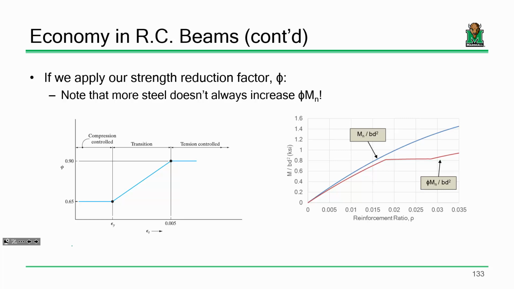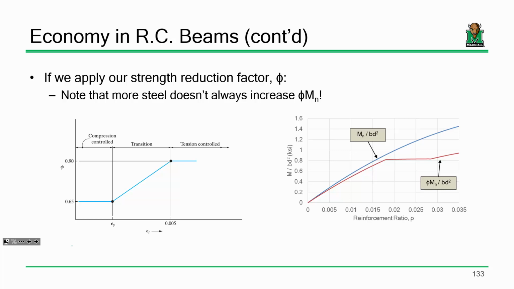So one of the points I want to make is it's not always as simple as, well, I'll just throw more steel into it and that'll make it stronger. Yeah, you might make it stronger from a nominal standpoint. You're not making it safer. That's a different question, and that's what phi tries to answer. Does that make sense?